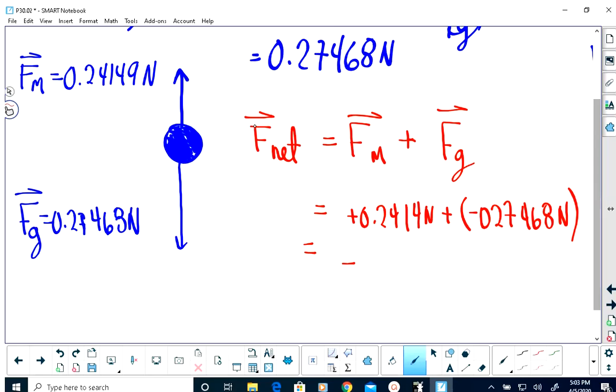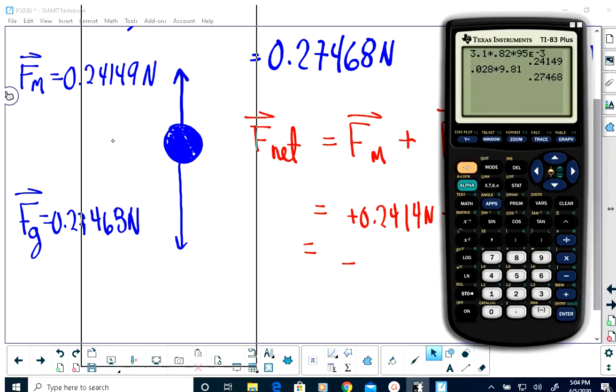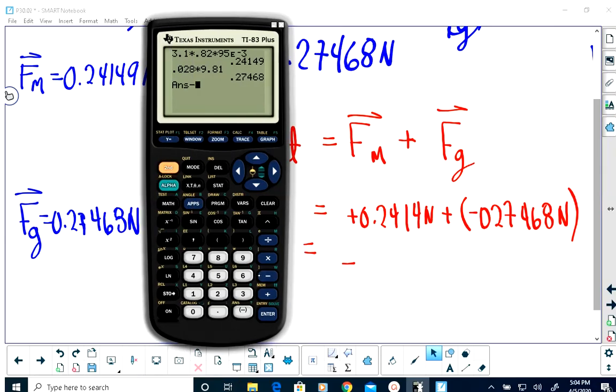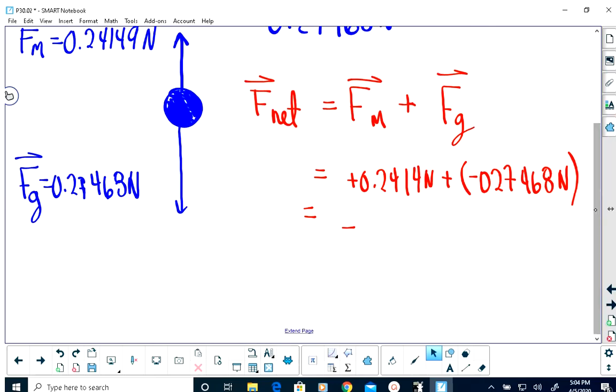I don't know that you need to do it that way, but I just wanted to point it out because some people might choose to. Personally, I would just take the bigger force and subtract the smaller force to get 0.03319 newtons. And if you do it using the method on the board, you'll get negative 0.03319.